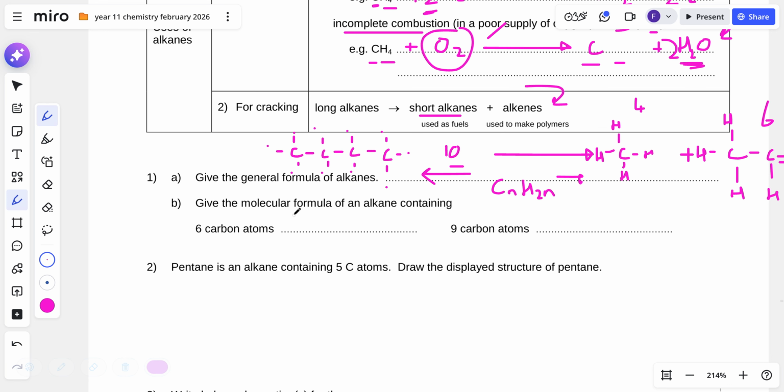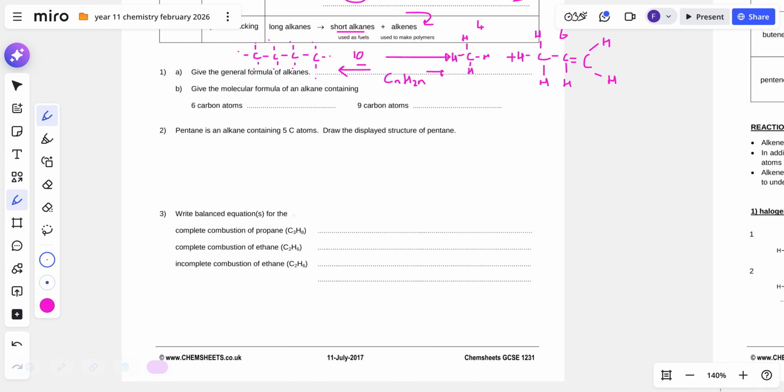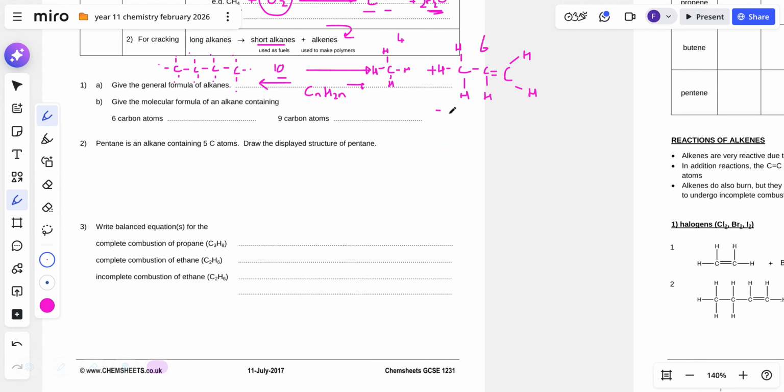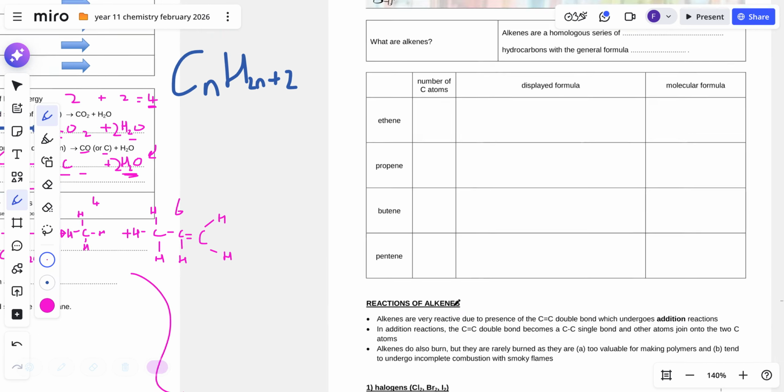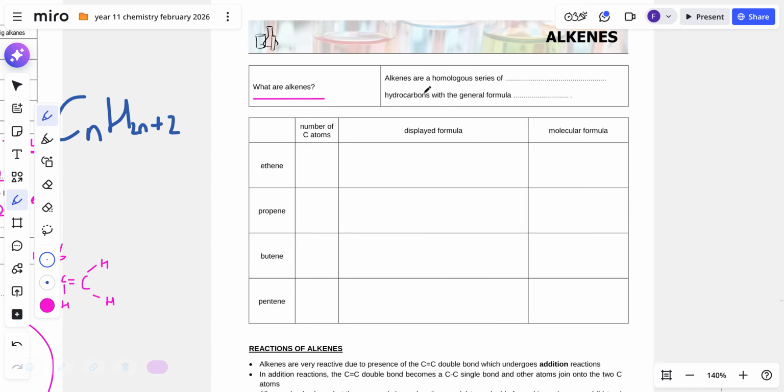All right. So that's all those covered. You've got a few questions here you can do. You've also got this idea of what alkenes are. Alkenes are a homologous series of hydrocarbons. I've already told you the general formula, CnH2n. Ethene, meth, eth, prop, but: my elephant prefers bananas.